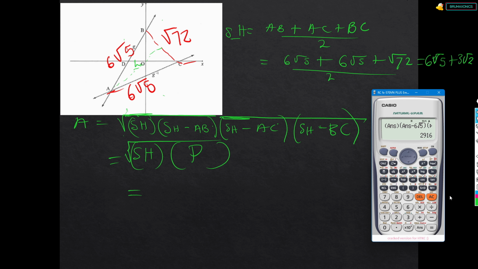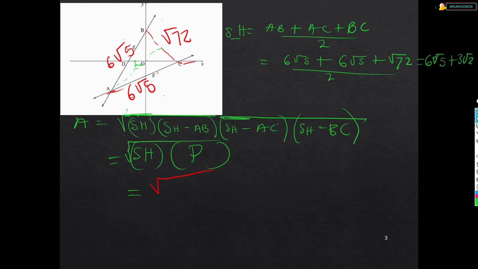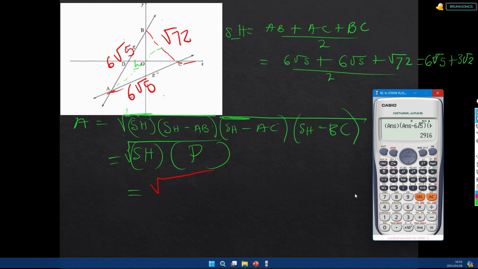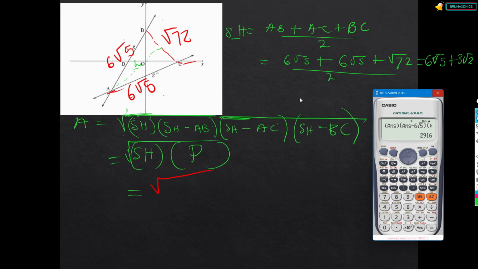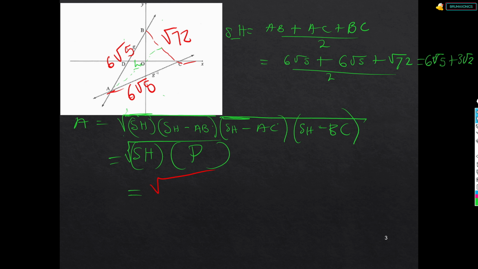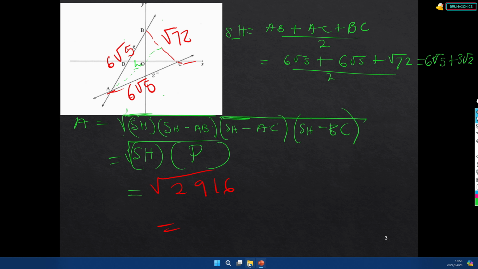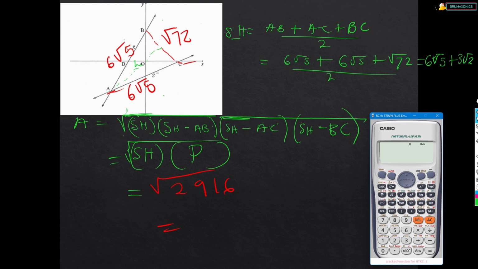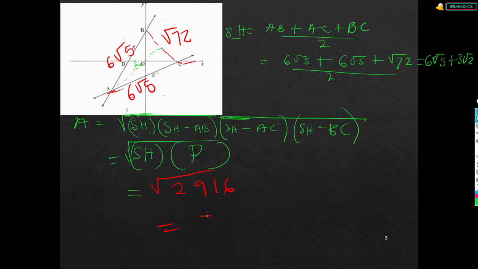So I'll go down and say my answer will be the square root of 2916, right? 2916, which is equal to, let me check the calculator. 2916 will give us 54 units.